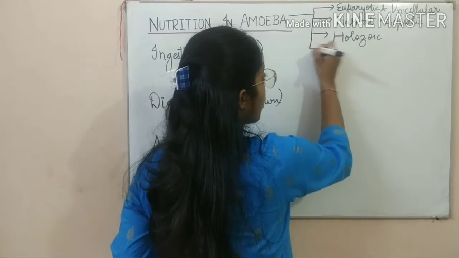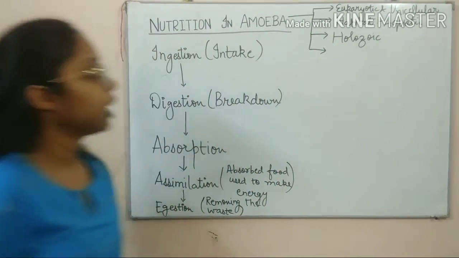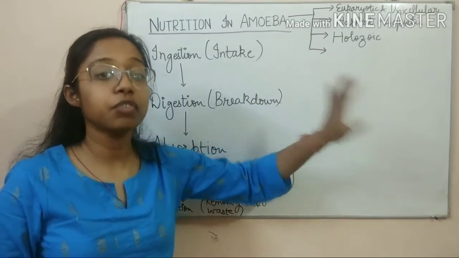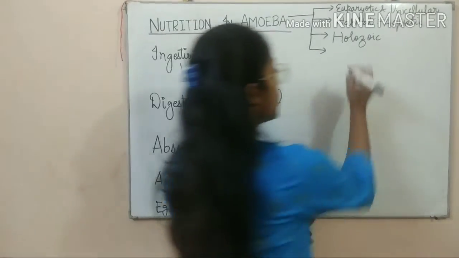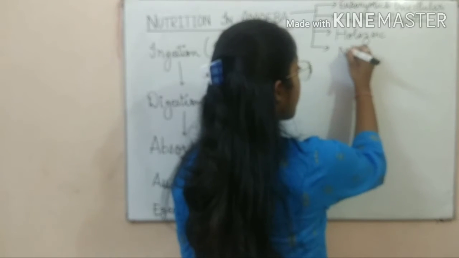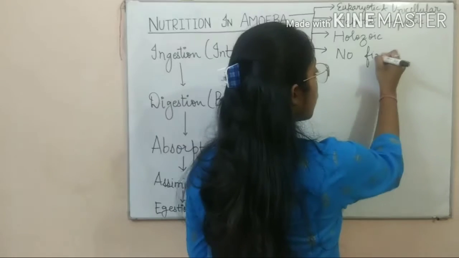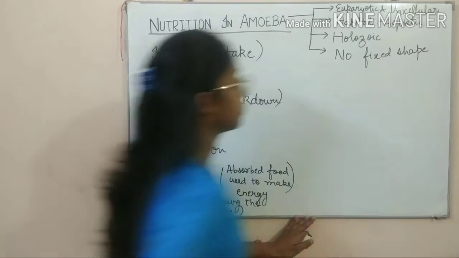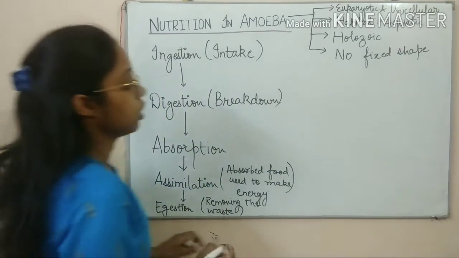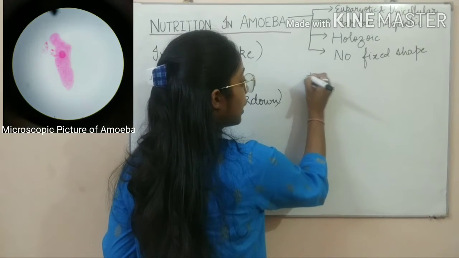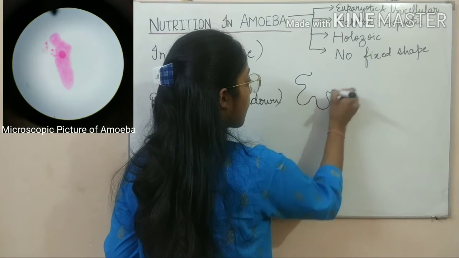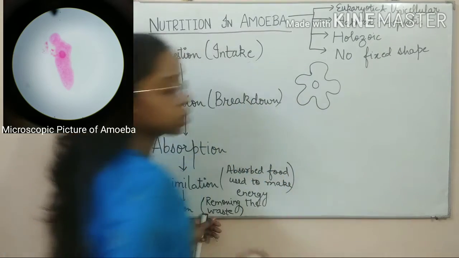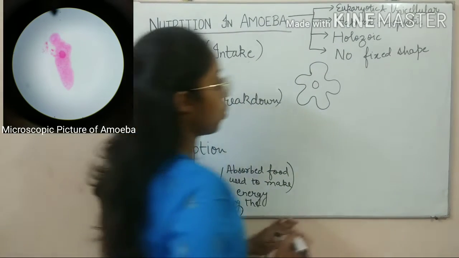Next important point is that amoeba does not have any fixed shape. It looks something like this. That means it does not have any fixed shape.